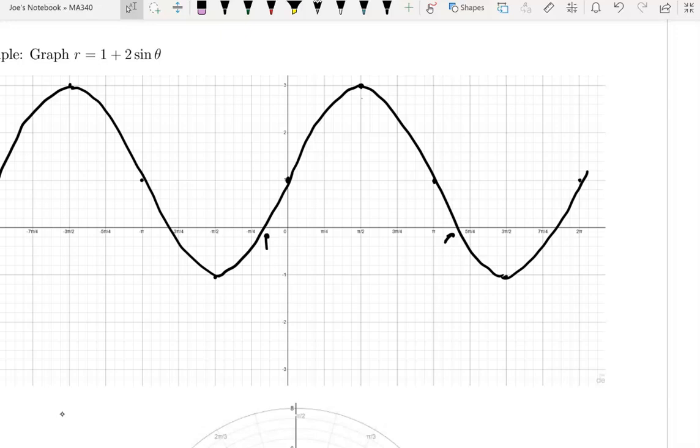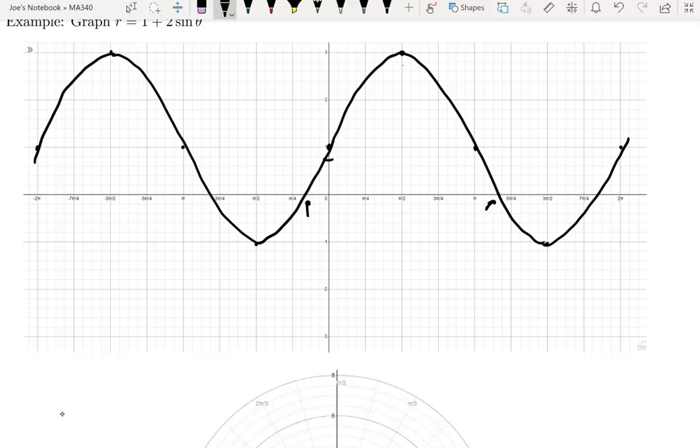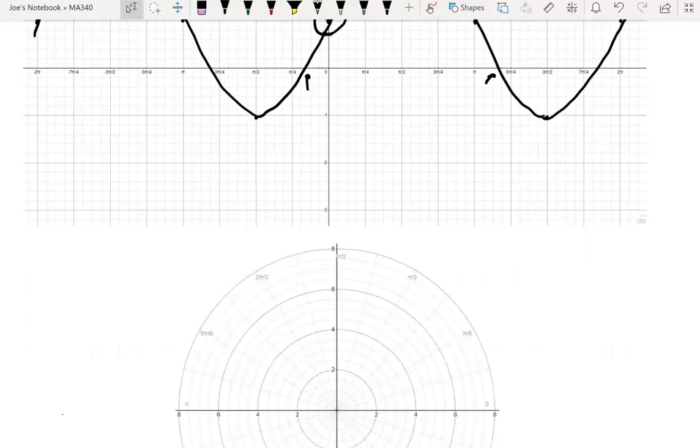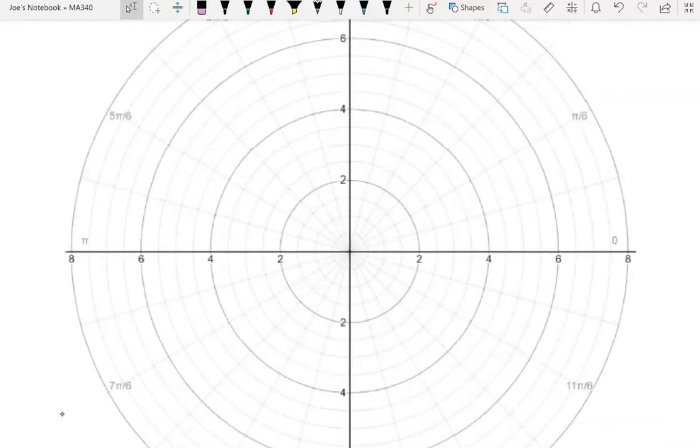All right. So let's plot some points and see what we get. That's the point 0, 1 in Cartesian coordinates. But that corresponds to an R value of 1 and a theta value of 0. So I would plot that right here.